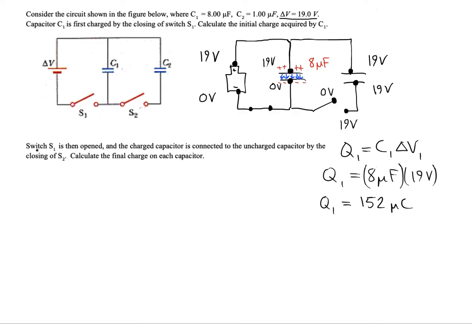All right, now switch S1 is going to be opened, and the charged capacitor will be connected to the uncharged capacitor by closing switch S2. So let's just draw it one step at a time here. First, we'll open switch S1.